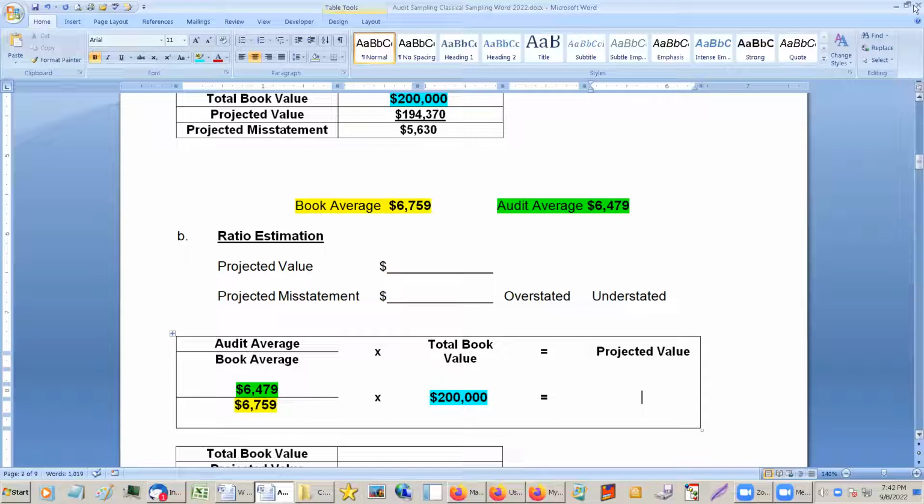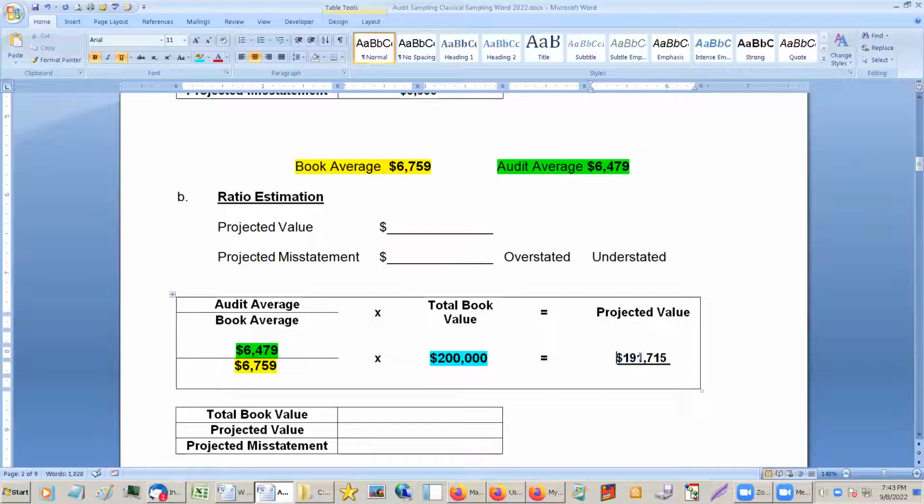All right, I got 91,7, rounded off to the nearest dollar, 715. Okay, I got the same thing. Good. So this is our projected value. We're saying everything is off by a ratio, not necessarily everything's the same amount.